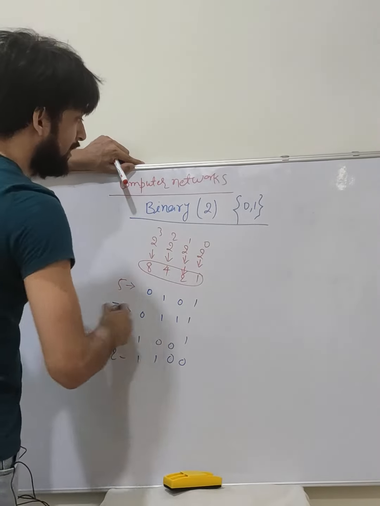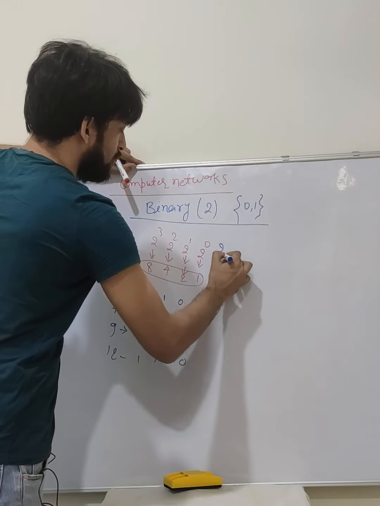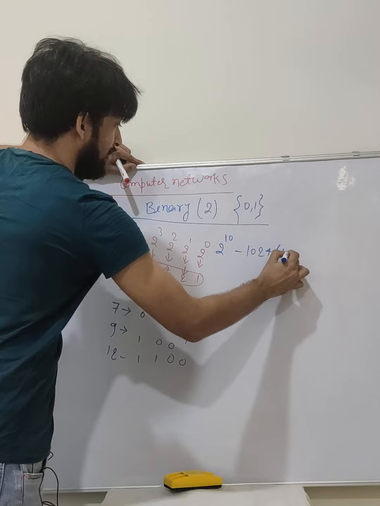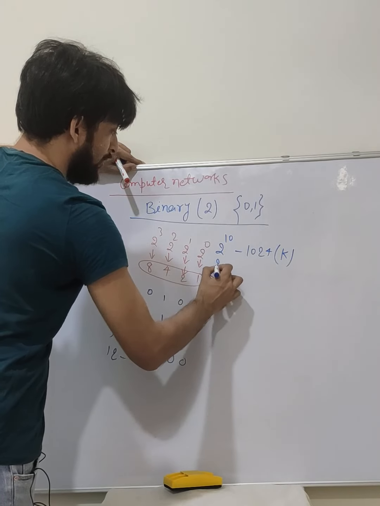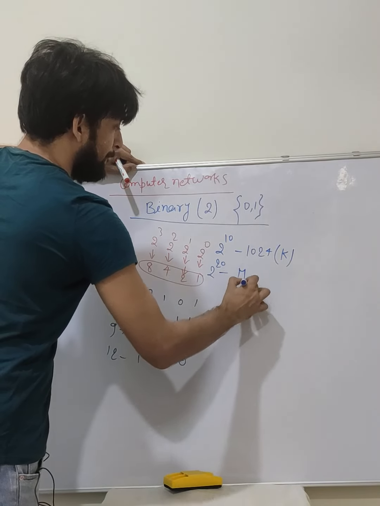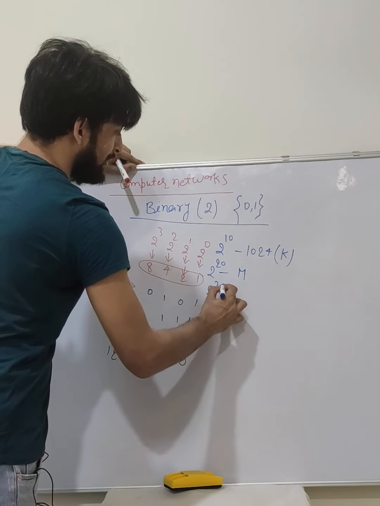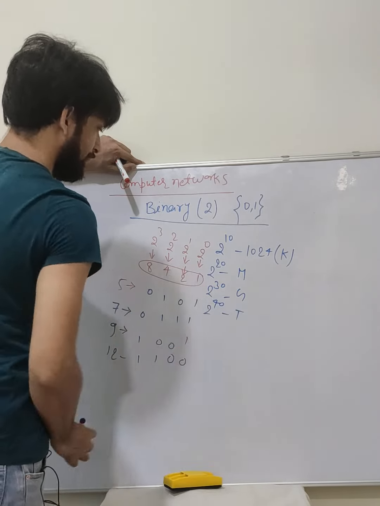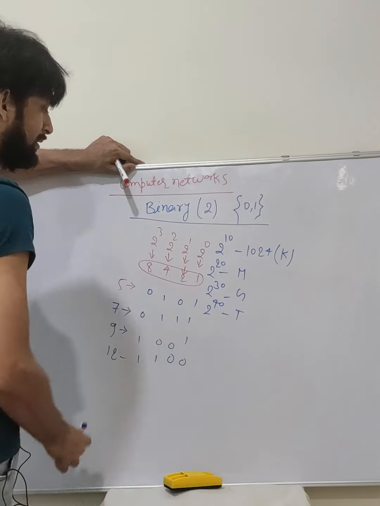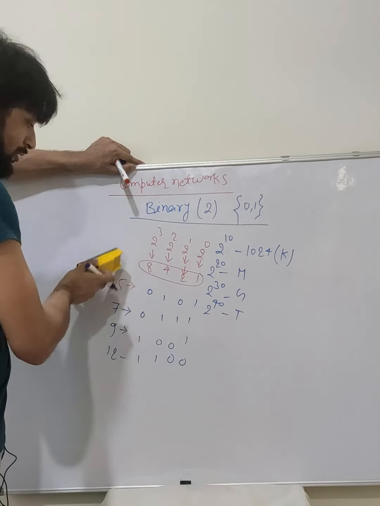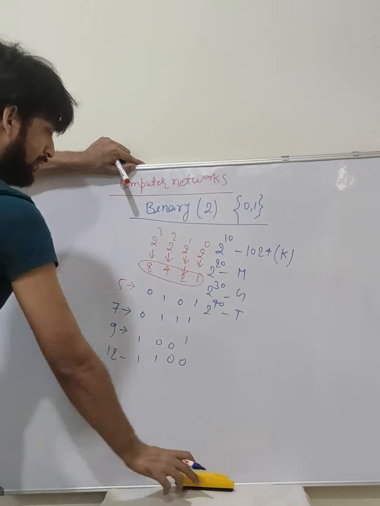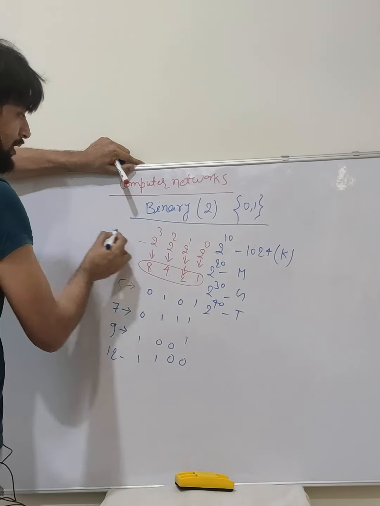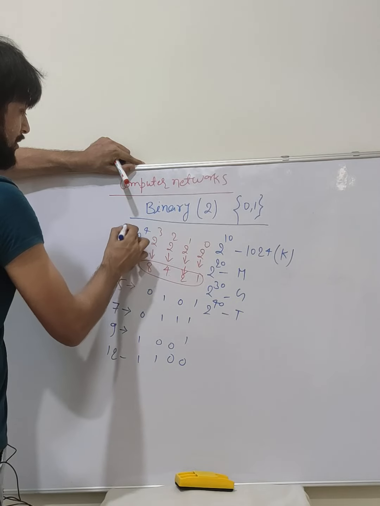Moreover, remember these points: 2 to the power 10 means 1024, which is also called K. 2 to the power 20 means mega, 2 to the power 30 means giga, and 2 to the power 40 means tera. These are all important. We can also go beyond this: 2 to the power 4, 2 to the power 5.